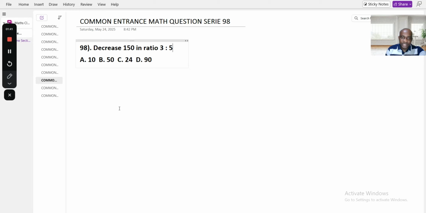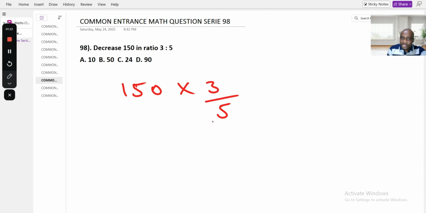Decrease 150 in the ratio 3 to 5. How do we decrease this number? 150, just multiply with the ratio, which is 3 over 5. Multiply by 3 over 5. It will decrease. Now, how many 5 can we see in 150? 5 can go here and 5 can go in 150. 5 here 1.